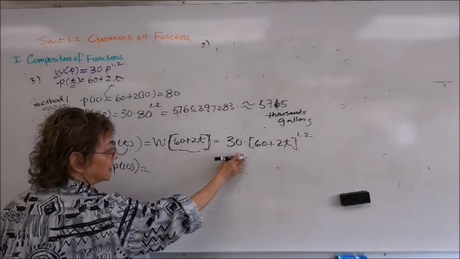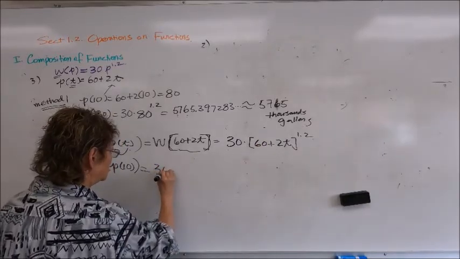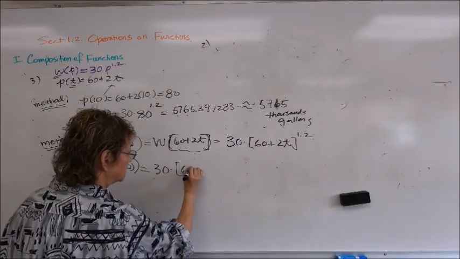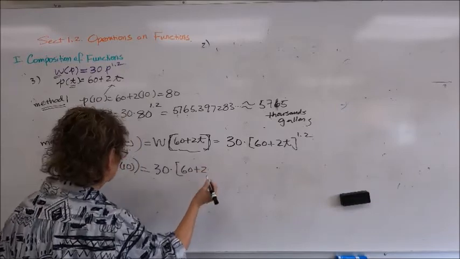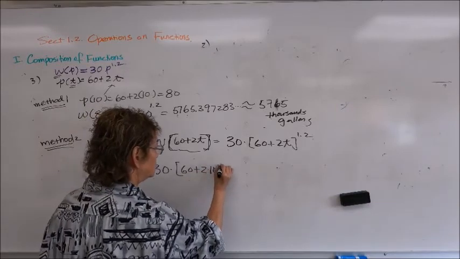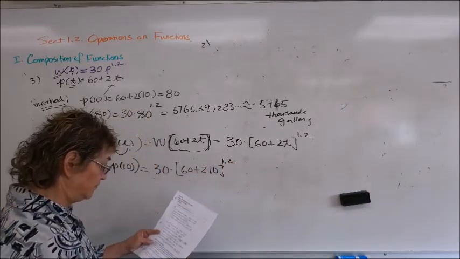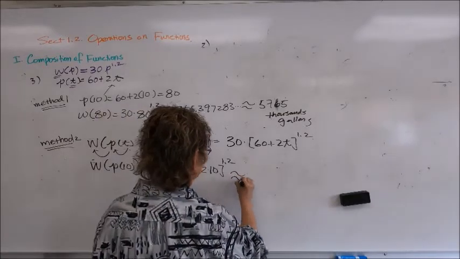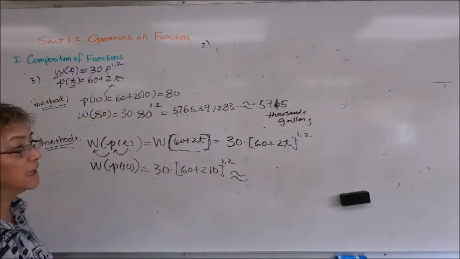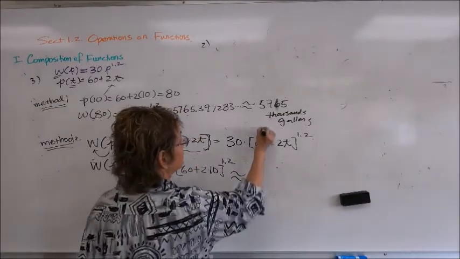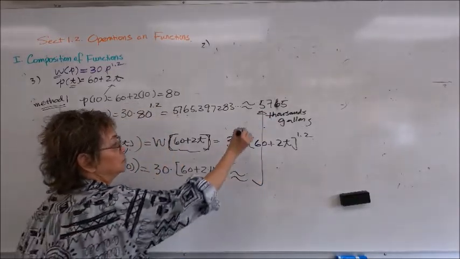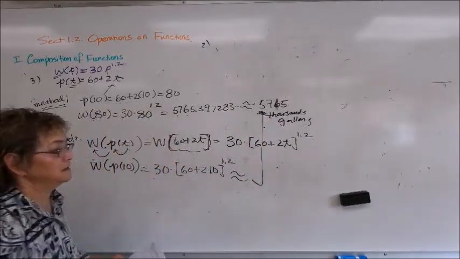Then if it's this way, 10 years later, you will just plug in like this. 6 plus 2 times what? 10 to the 1.2 power. So when you put it into the calculator, you actually find out you will get the same answer.